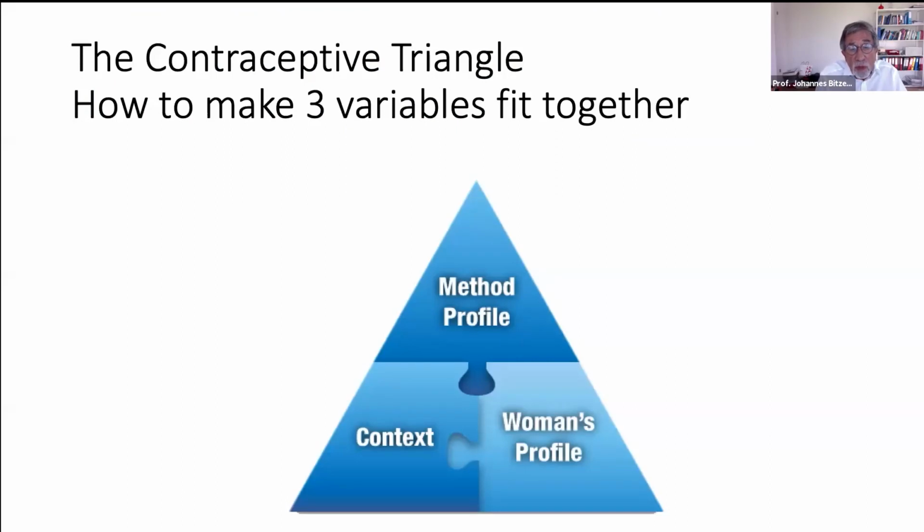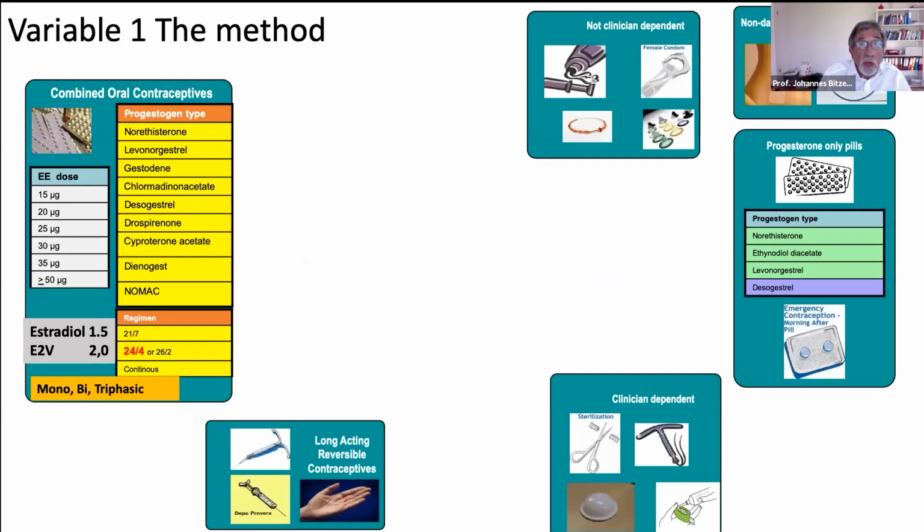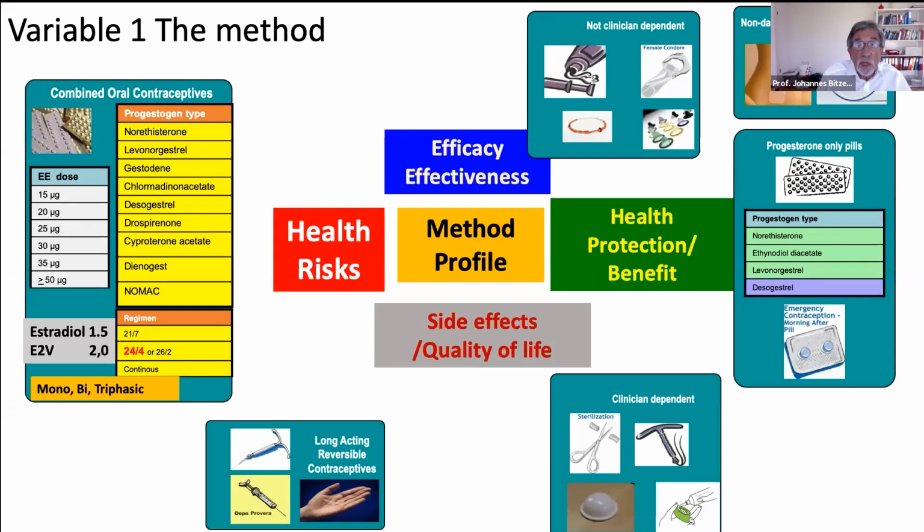So you may already know that we have tried in Basel to develop some sort of a structured approach in contraceptive counseling, also in the different phases of life, that we believe the art of counseling is to bring three variables together: the woman's profile, the context, and the method profile. Because in fact, we do have a lot of methods available.